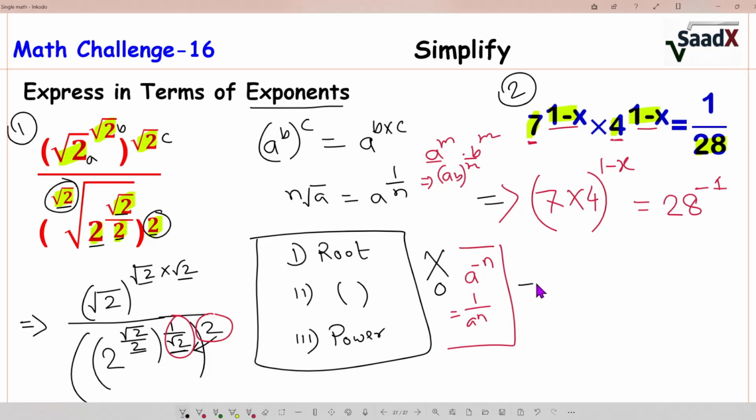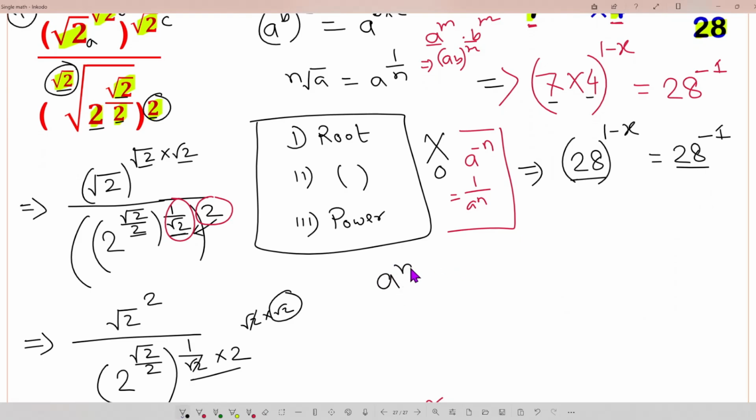Now look, here 7 times 4 is 28, whole to the power 1 minus x, and here is also 28 to the power minus 1. So the bases are the same on both sides. We know a to the power m equals a to the power n means once the bases are the same, the powers will be equal, m equals n. Similarly, we can write 1 minus x equals minus 1.